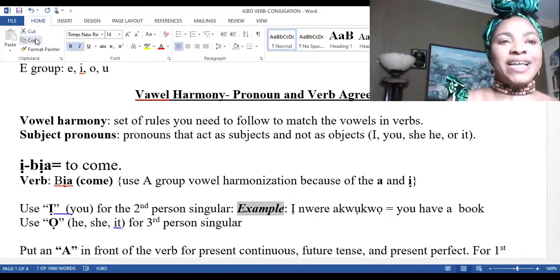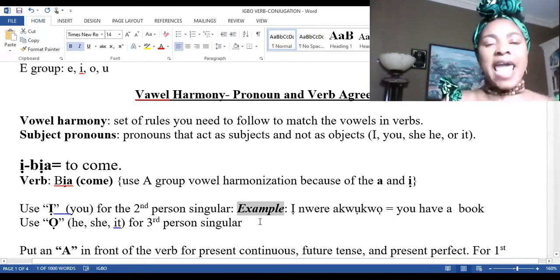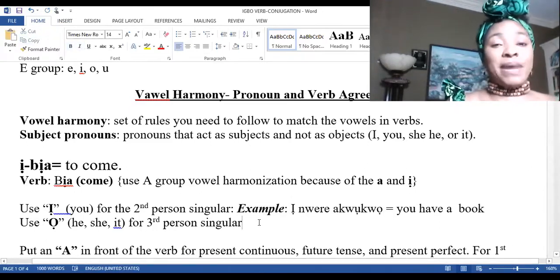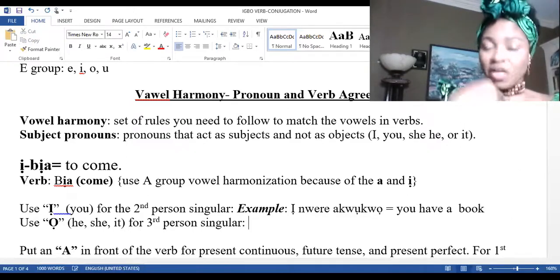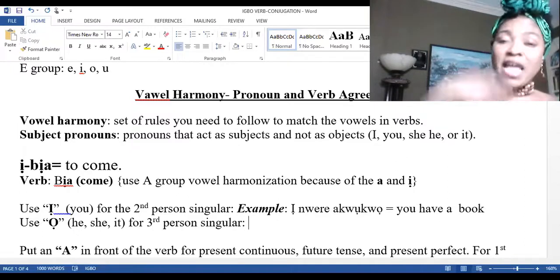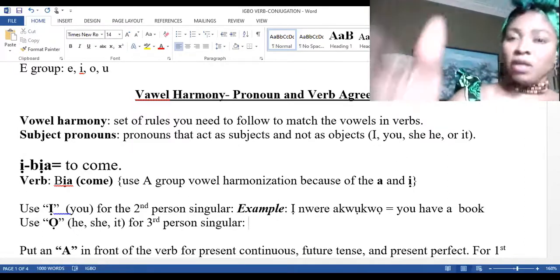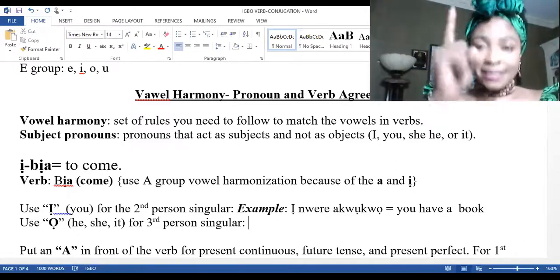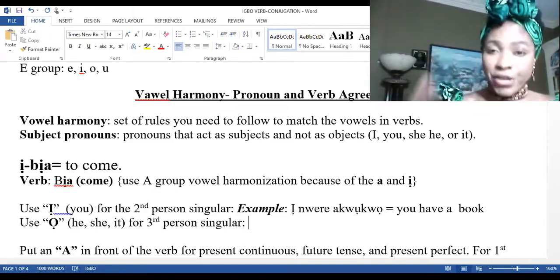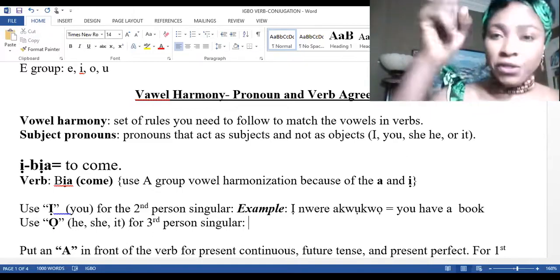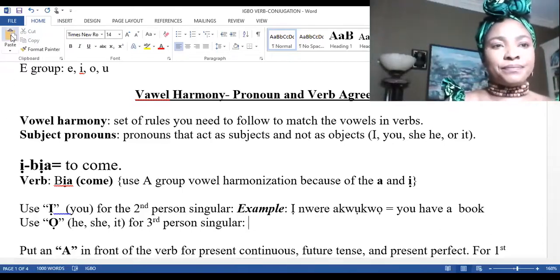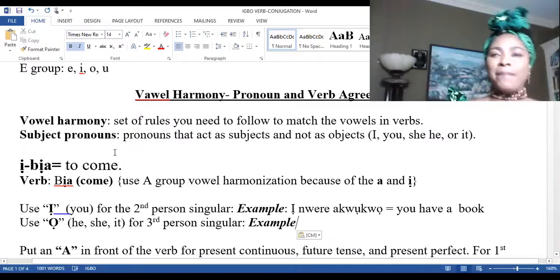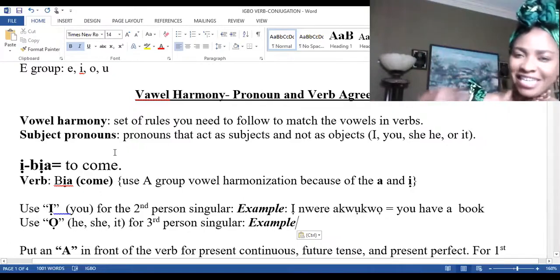I nwere akwụkwọ is the second person. Enwere m akwụkwọ is when you're talking about yourself. That's the first person. The second person is when you're talking about somebody, direct and singular. But then the third person here is when you're talking about he, she, it.